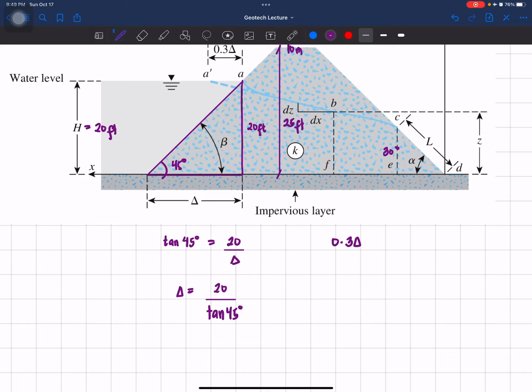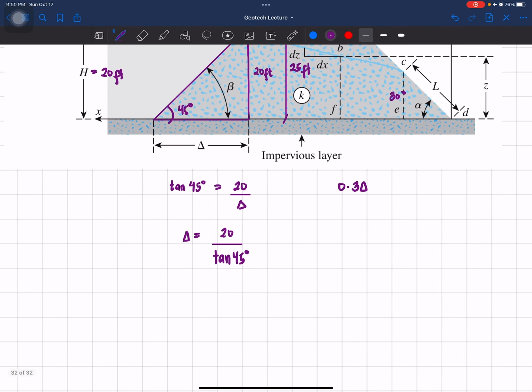So, what is tangent of 45, guys? I think tangent of 45 is actually 1. Okay? So, your delta now is equal to 20 over tangent 45. That's just 20 as well. So, 0.3 delta is 0.3 multiplied by 20. Okay, so what's now your 0.3 delta? It's actually 6 feet. Okay, so 6 feet siya.